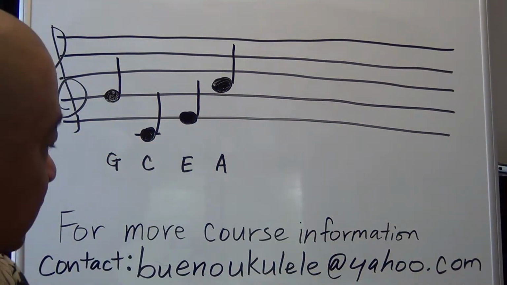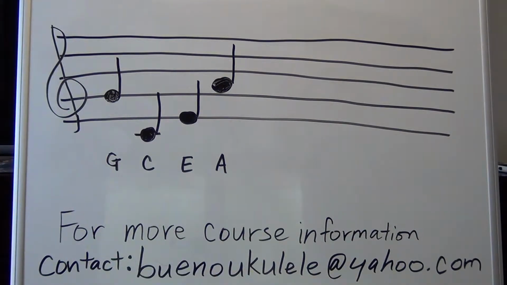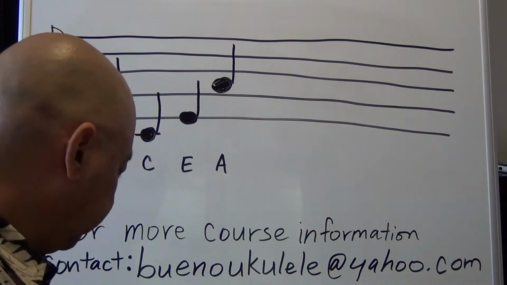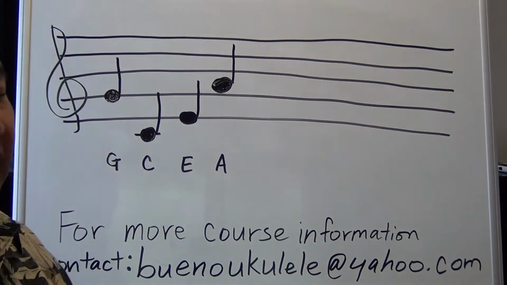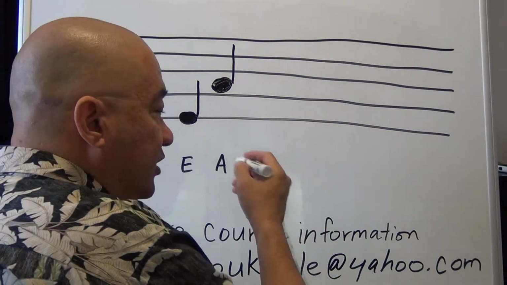Okay, so you want to make sure that you memorize that before you go into the next online course, which is Ukulele 2. Now, if you're able to, this would be just great.